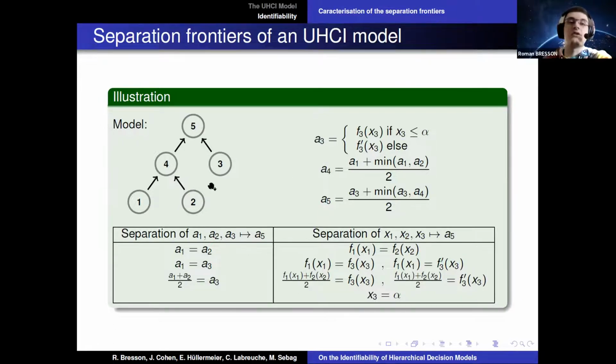You also have a border where A4 equals A1, and then a border where A1 equals A3. So you can deduce the separation frontiers from this writing. And if you now factor in the marginal utility, because A3 can have two parts, you have all of this set of separations.